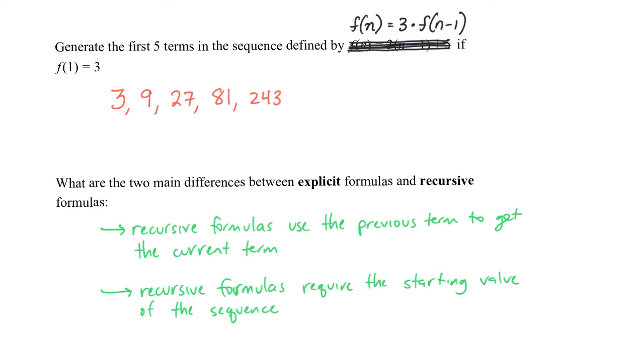You can't just say to me, in order to generate the sequence, take the term before it and multiply by 3. You also have to include the starting value, otherwise I don't even know where to begin.